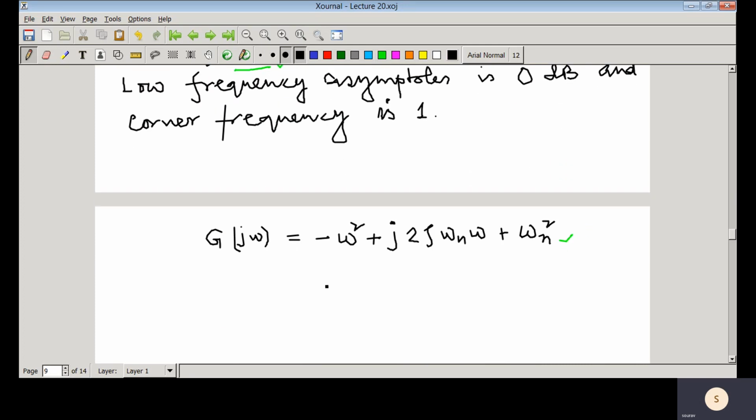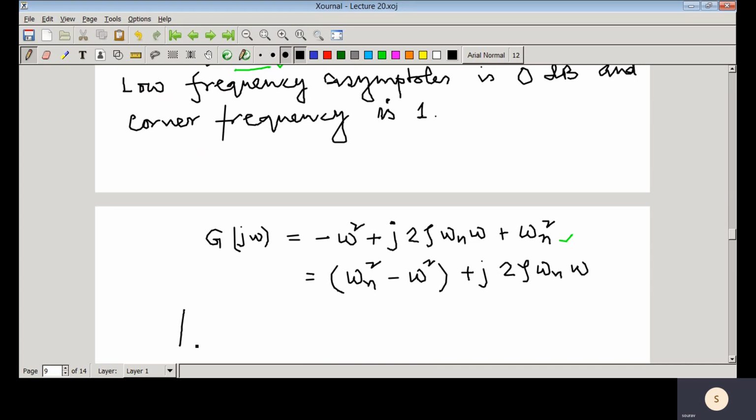Now if we rearrange this, we have omega n square minus omega square plus j twice zeta omega n omega.